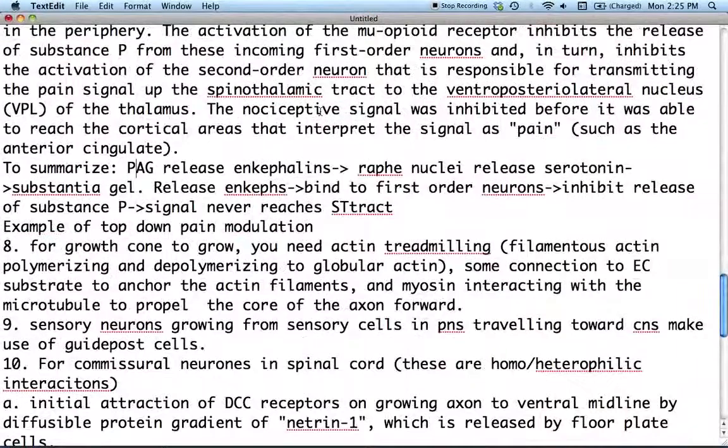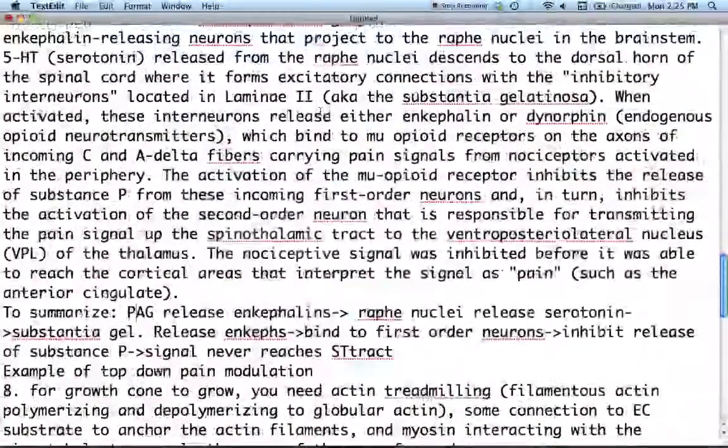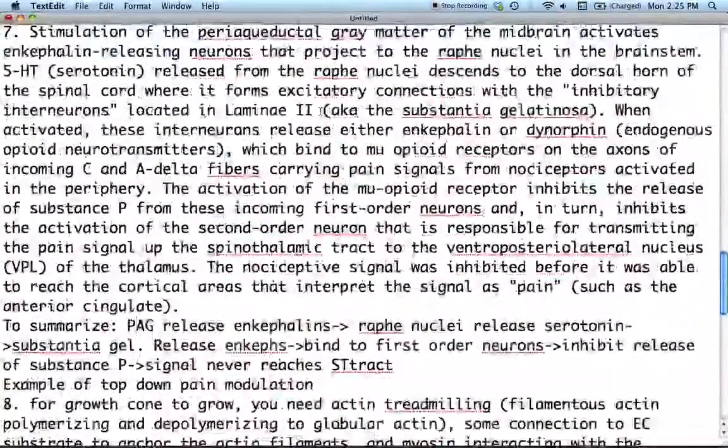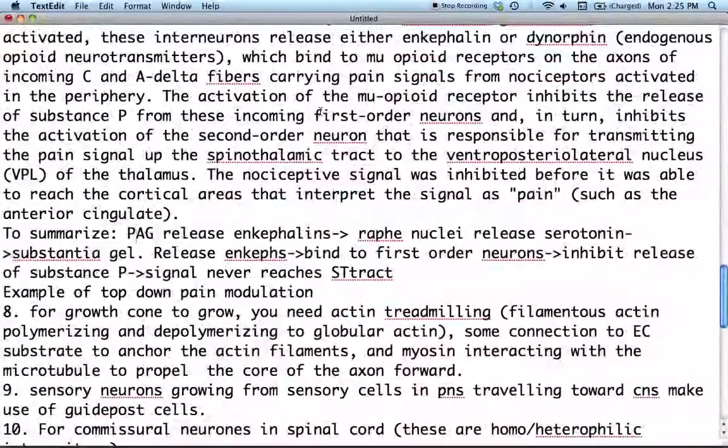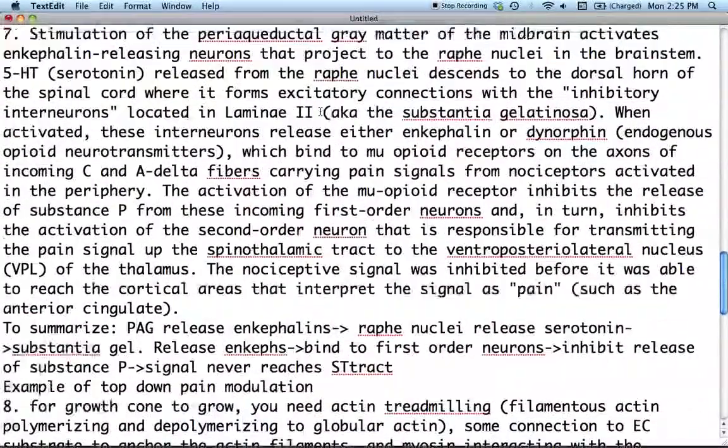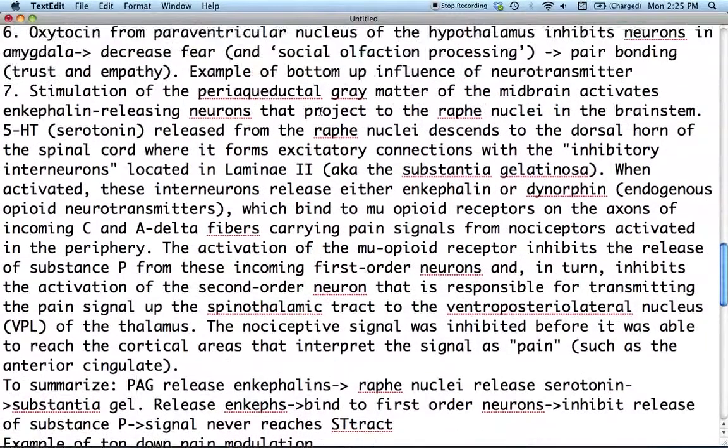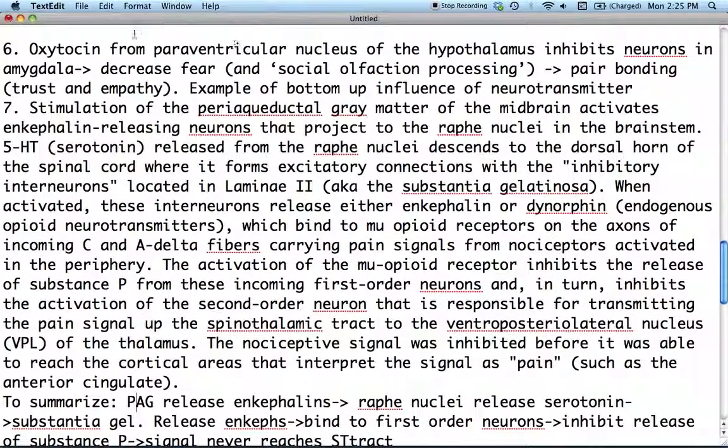I wouldn't be surprised if we got asked about orexin, which, if my memory serves me, the source is, oh, I didn't actually say the source for oxytocin. Oh, paraventricular nucleus of hypothalamus. So it's stored in the posterior pituitary.